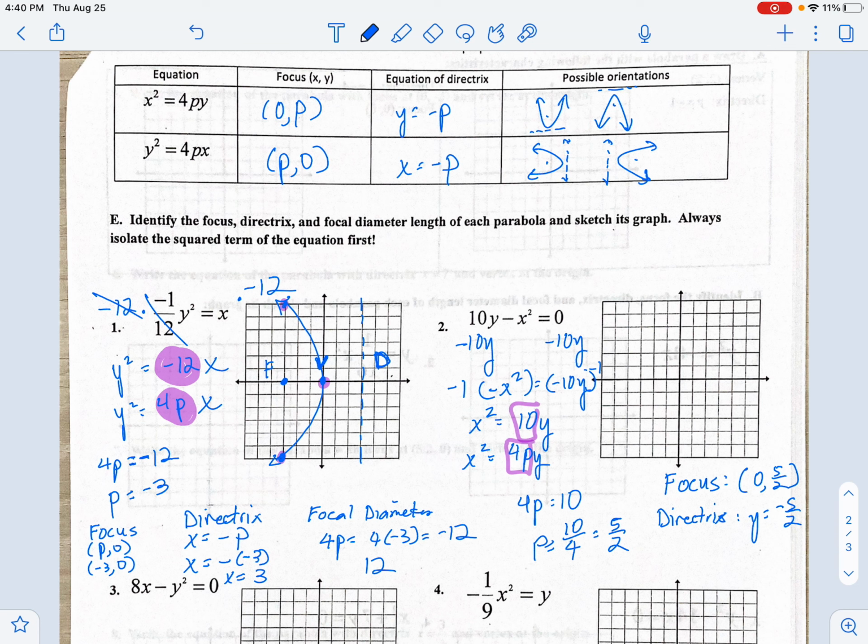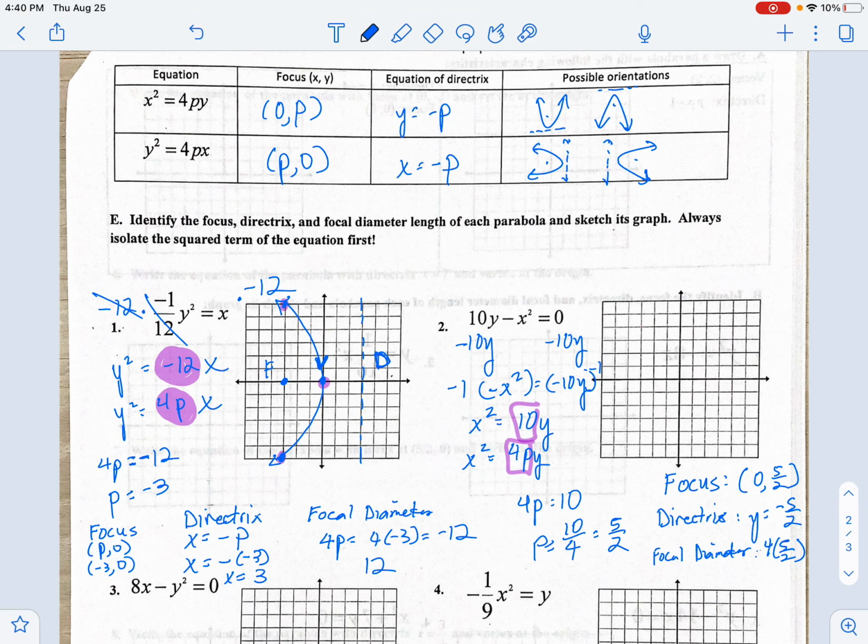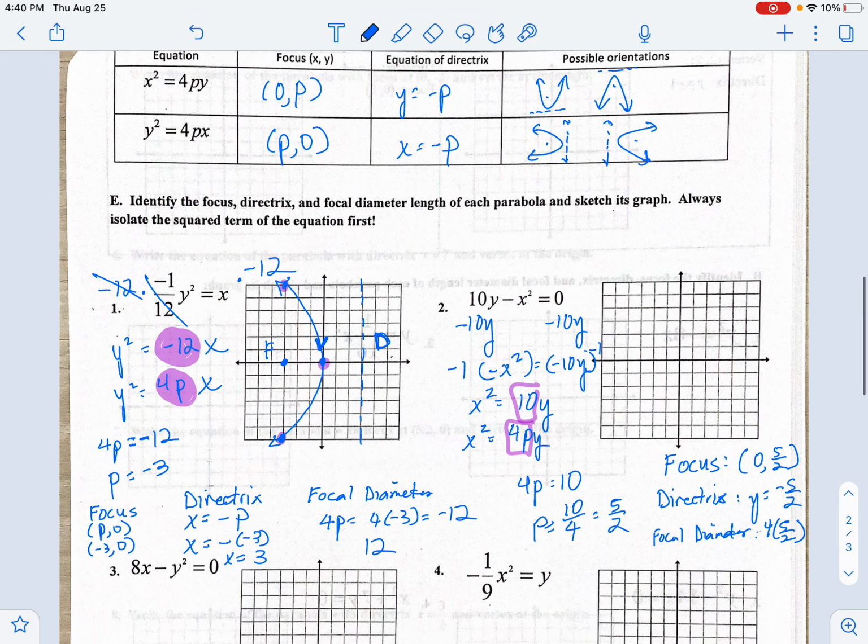And our focal length, or focal diameter, is going to be 4 times 5 over 2. Battery's running out. But that will be 10, right? 20 over 2 gives us 10.